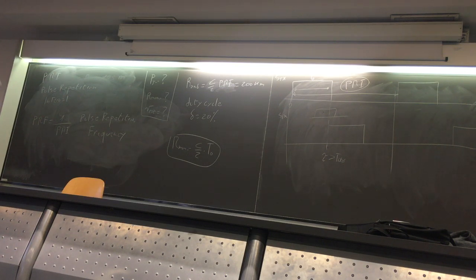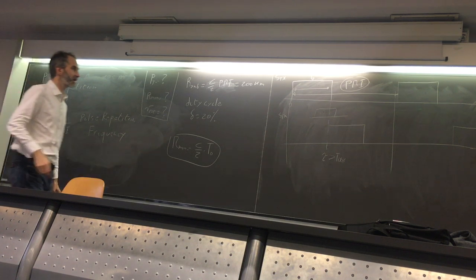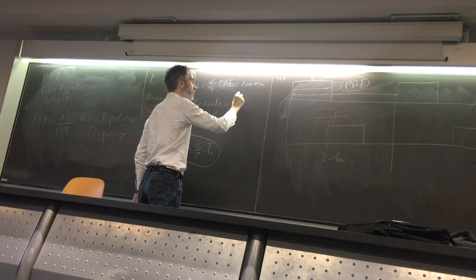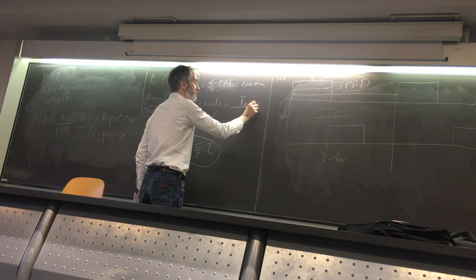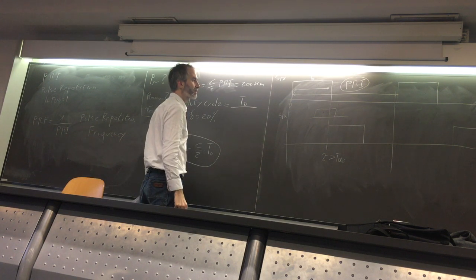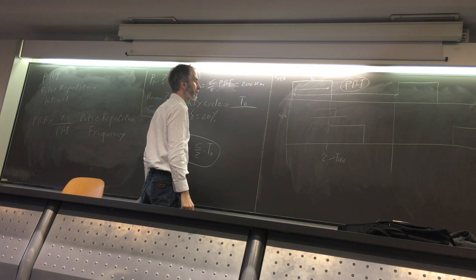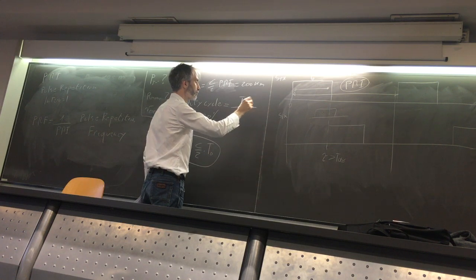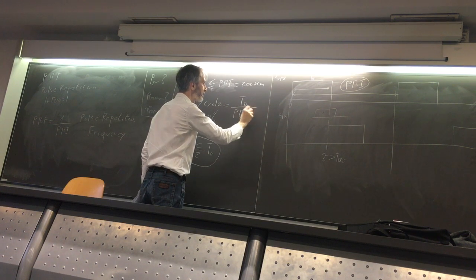The duty cycle is nothing else than your observation time divided by the PRI.